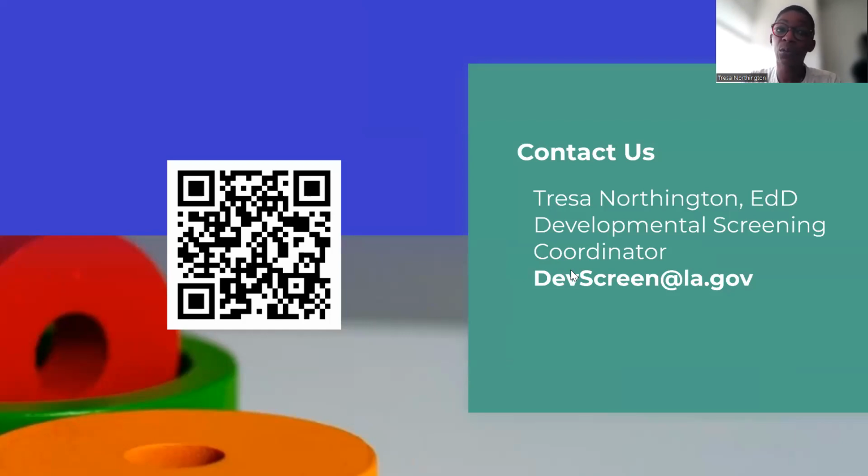But also if you just want to get some of those components from the toolkit for individual use, for trainings, we can also do that too. Just please email me at devscreen@la.gov at any time, and also use this QR code to the left of your screen to access the toolkit at any time.